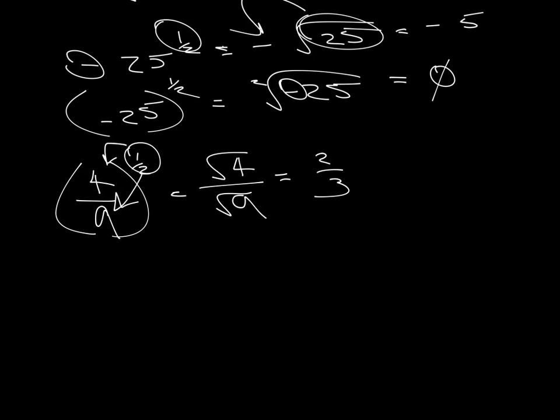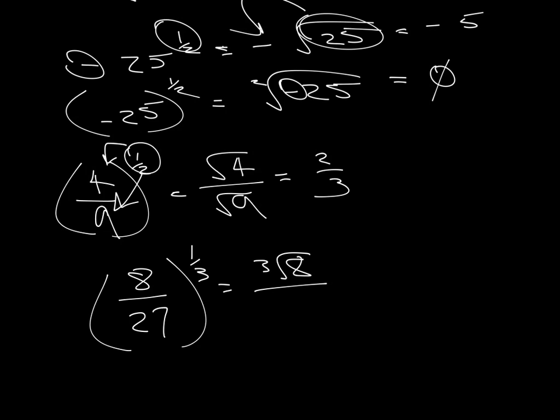If we had 8 over 27, and that was to the 1/3, that equals the cubed root of 8 over the cubed root of 27, which equals 2/3. Cubed root of 8 is 2 times 2 times 2, and the cubed root of 27 is 3 times 3 times 3.